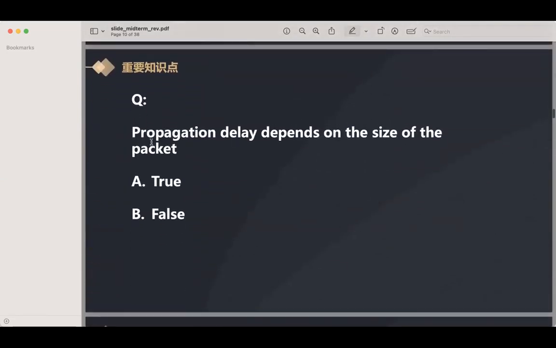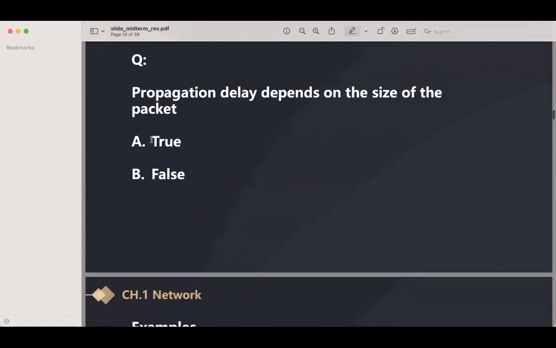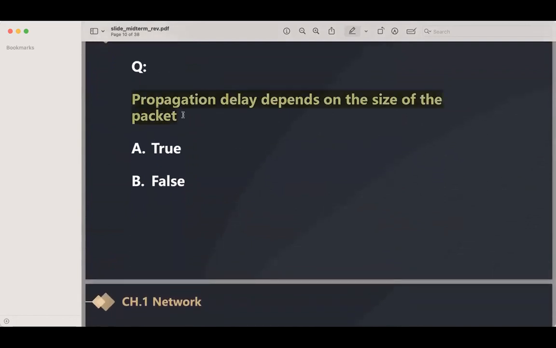And here the question, sorry for the Chinese here. What is the propagation delay? Does it depend on the size of the packet? Yeah, the answer is false.